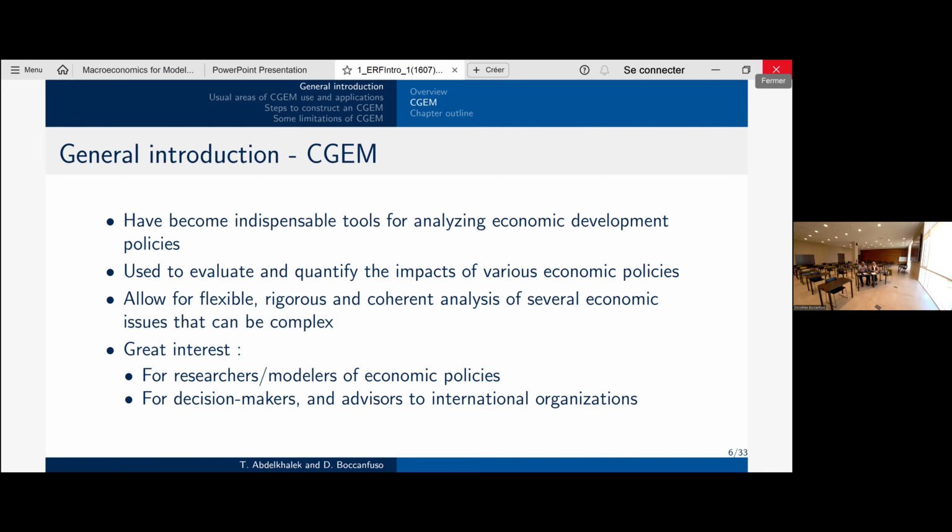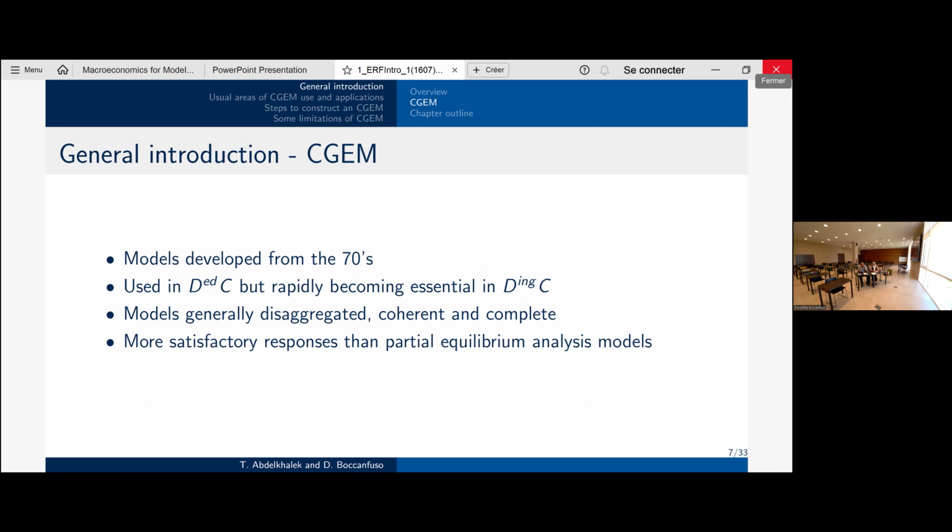So for this characteristic, there is great interest in this model for researchers, students doing a master's research or a PhD, and modelers working in a ministry department or international organization, etc. The construction of CGE models started in the last century and was used in developed countries, and more and more in developing countries.